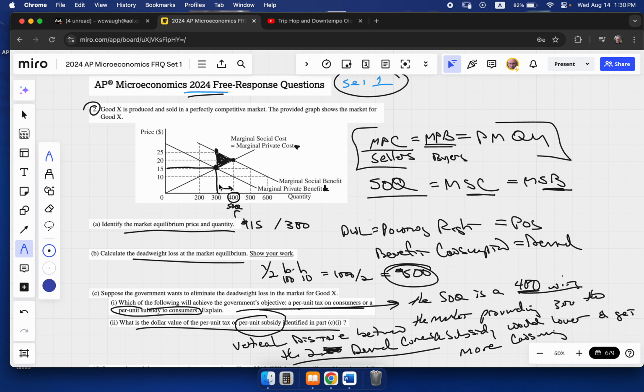The vertical distance between the two demand curves is what we would call a MEB, a marginal external benefit. That marginal external benefit is the vertical distance between the two demand curves in this instance, which would be $10. Easy enough.